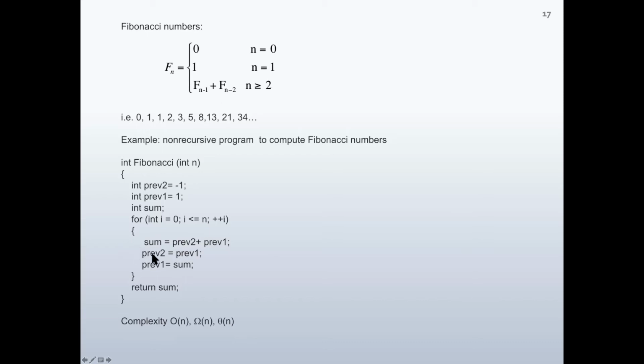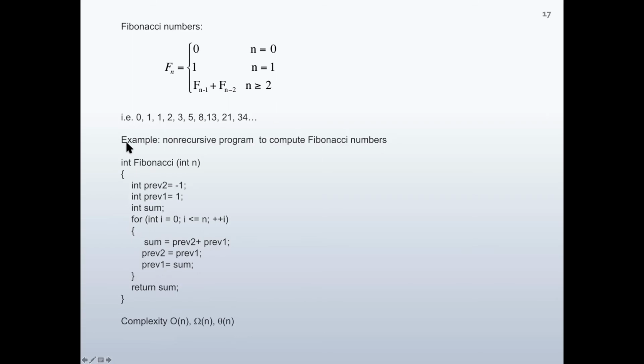Then we are setting Prev2 to Prev1 and Prev1 to sum. This is repeated n times and then Fibonacci n is calculated. Then return sum. This is the result for Fibonacci n. So this is the end of the Fibonacci function.